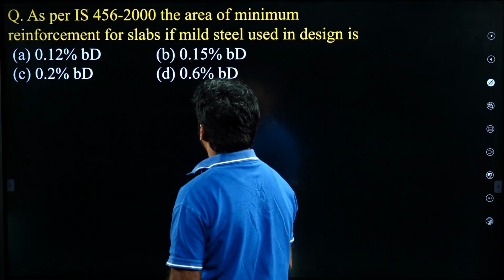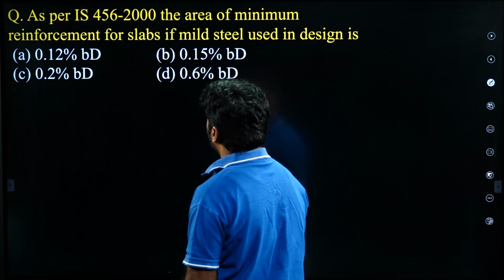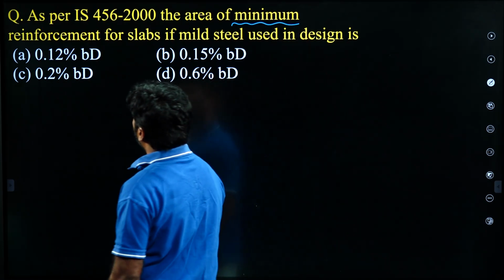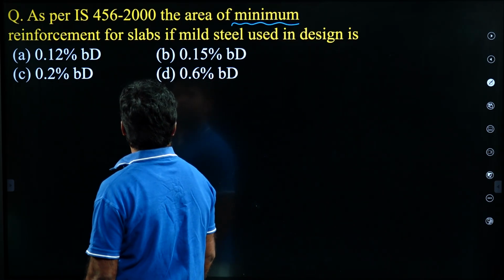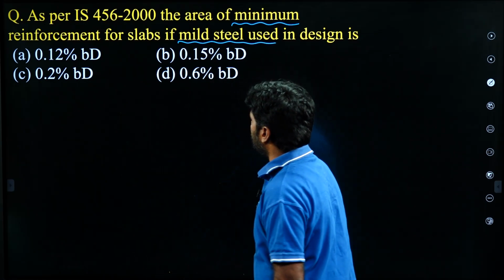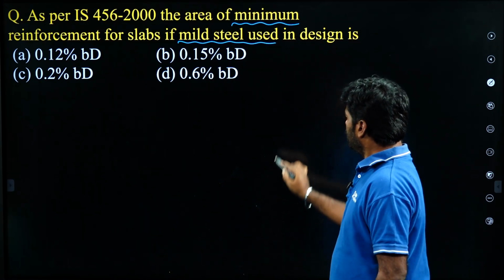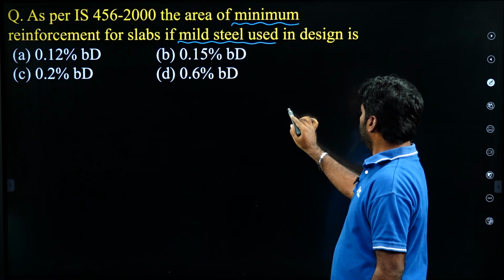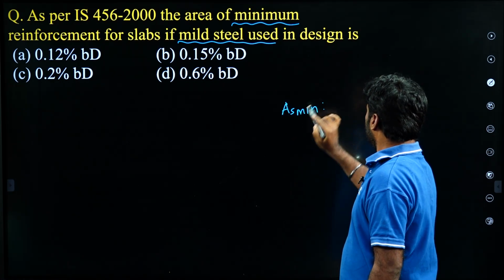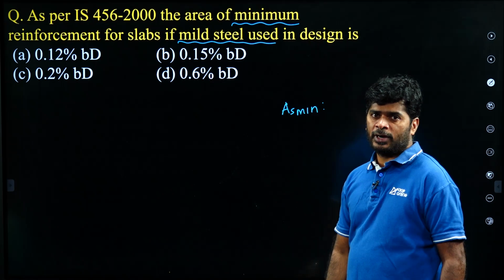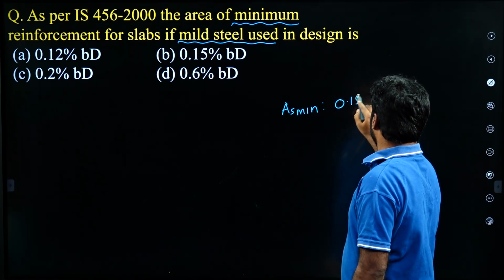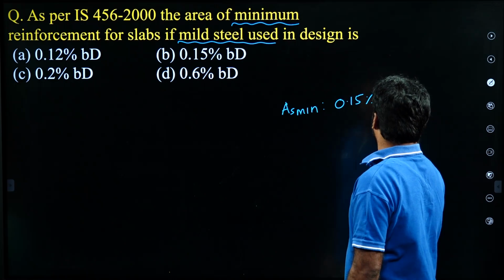As per IS 456-2000, the area of minimum reinforcement for slabs if mild steel is used in design is... if you select mild steel for design, minimum steel should be 0.15% of BD.